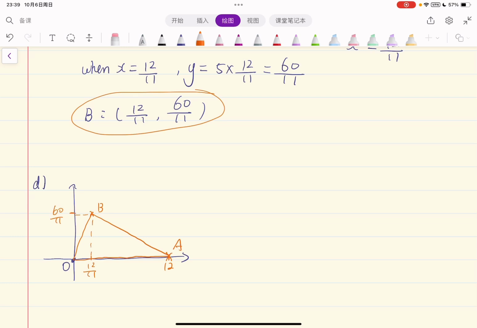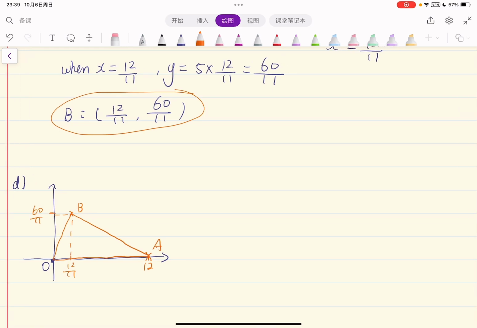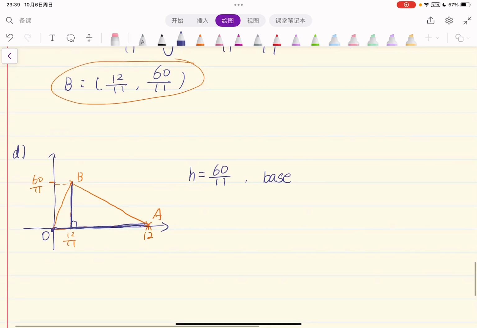To calculate the area of a triangle, we need to know the height and the base. The height is here. So we have h = 60/11, that is the y coordinate of B. And the base is the x coordinate of A, the distance OA, so base = 12.